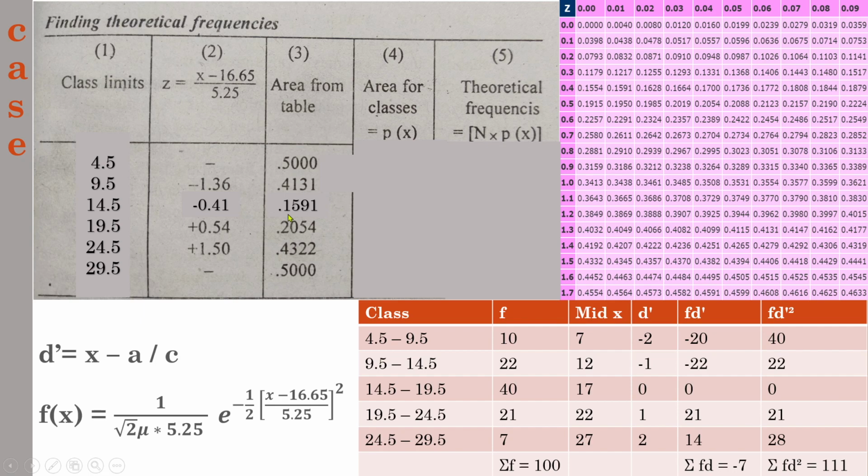You need not worry about the negative sign here, but you have to consider it in the next column. You write down the area as per the table. Next one, 0.54, again like that, 0.5 and 0.04. It is the point where 0.5 and 0.04 meet, 0.2054.